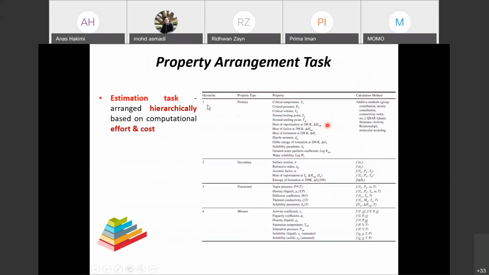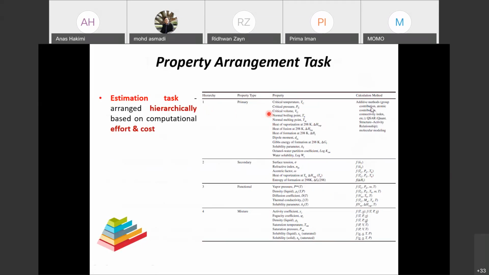They have four hierarchies: primary, secondary, third is functional groups, as well as fourth is the mixture. So you have to follow this hierarchy, and for each hierarchy there is a property type: primary, secondary, functional, and mixture. And then a property in the third column, and the last column is the calculation method.